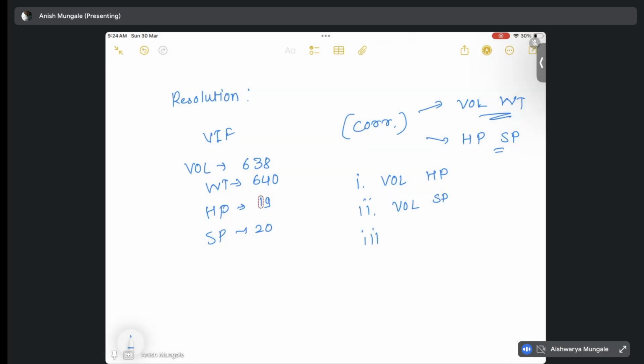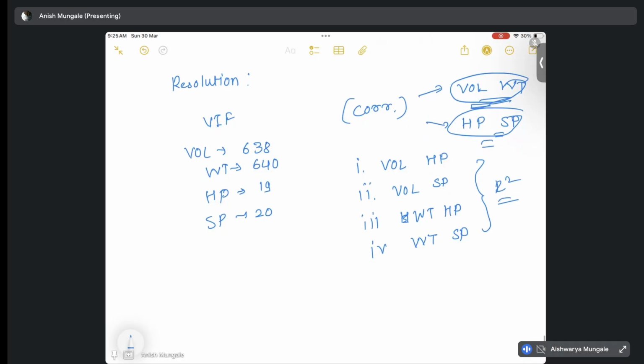Then third is weight and horsepower, and weight and speed. So we will take only one of each pair of these parameters. Clear? And then we will build the model, check the R square score, and then use that particular model.